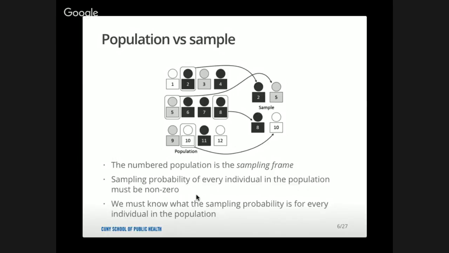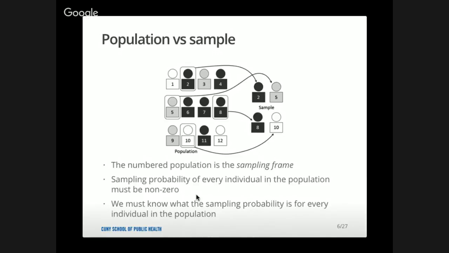In order to do a true random sample, you actually do have to somehow enumerate every individual in your population so that you can select from them randomly. There are many cases where you don't actually do that, but it is less clear what your sampling probabilities are.